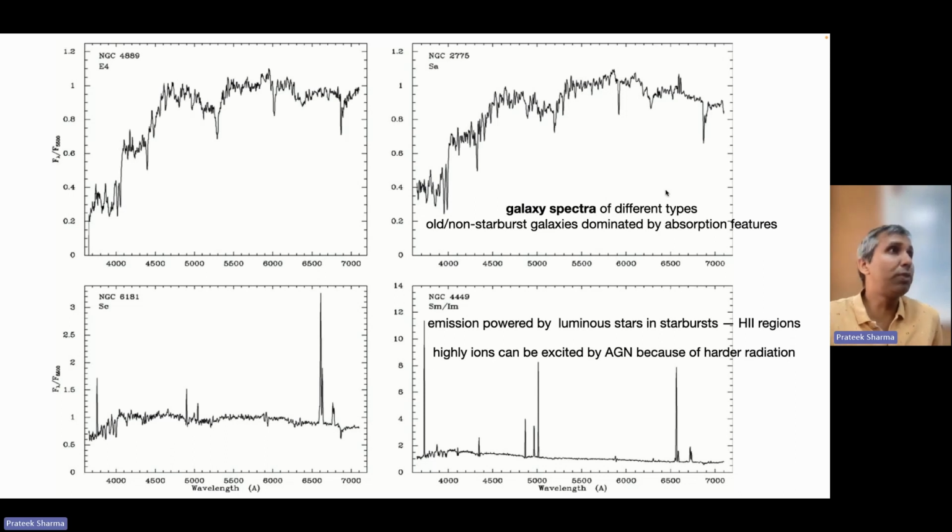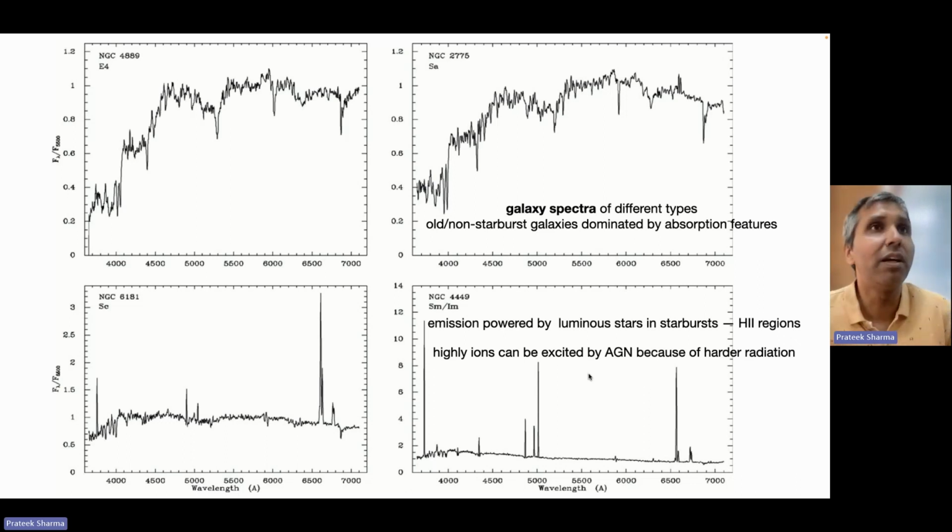Whereas H2 regions, these ionized regions around massive stars, do not have photons much beyond UV. So they can only ionize and excite low ions. So by measuring these line ratios, by trying to understand what is exciting these transitions, you can get a sense of the nature of the radiation field to which these atoms and ions are exposed.